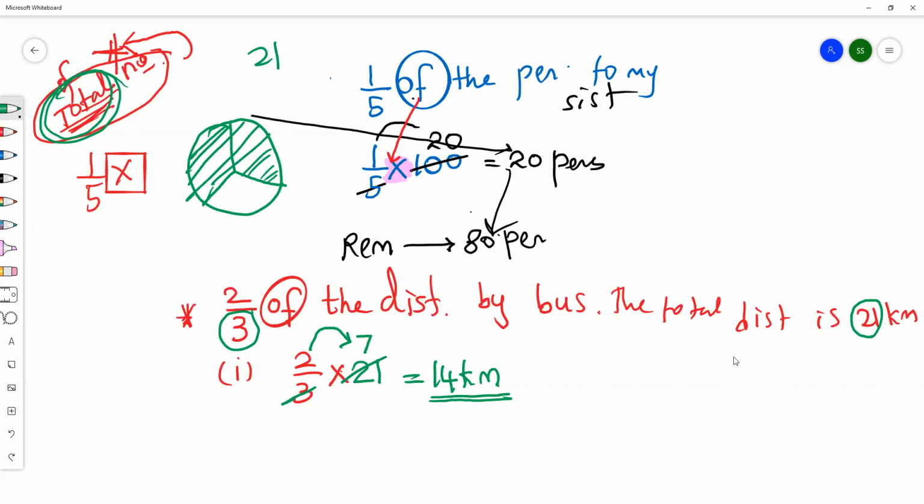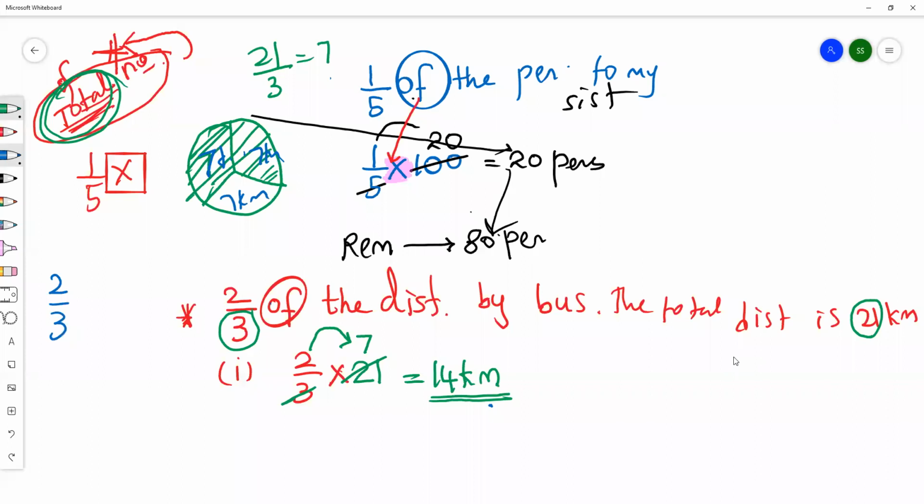Total distance is 21 kilometer. Divide by 3 is 7 kilometer. Each is 7 kilometer. 7 kilometer, 7 kilometer, 7 kilometer. What is the distance traveled by bus? It is 14 kilometer.